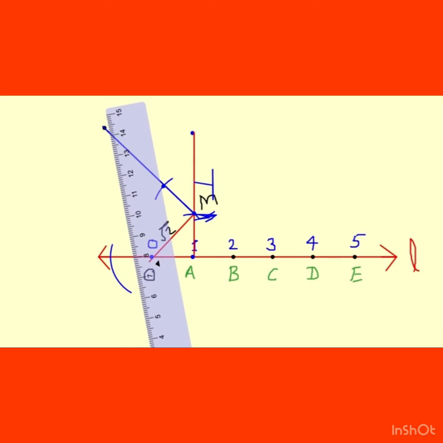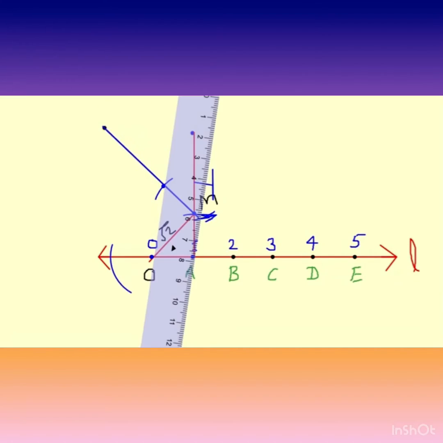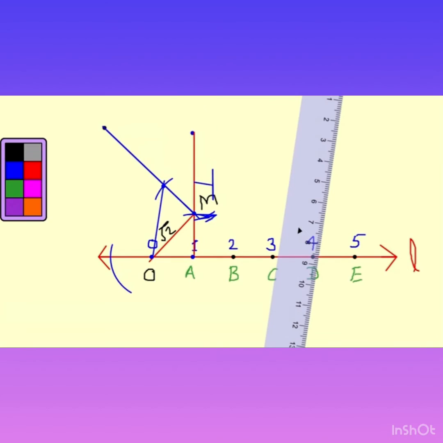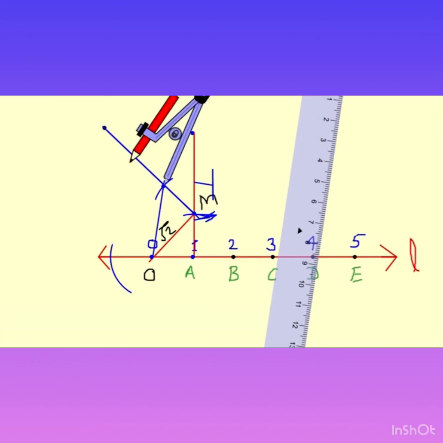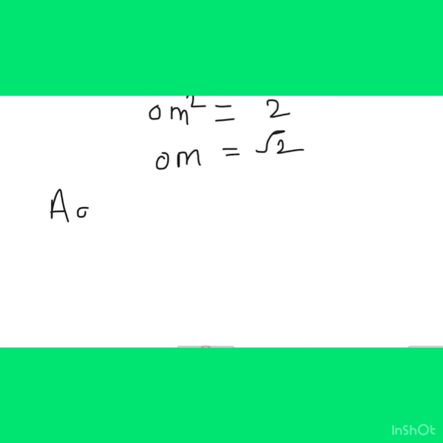And join this point of intersection to again the point. Now let us, this point is N in right triangle OMN.